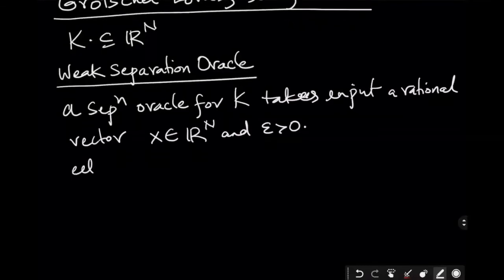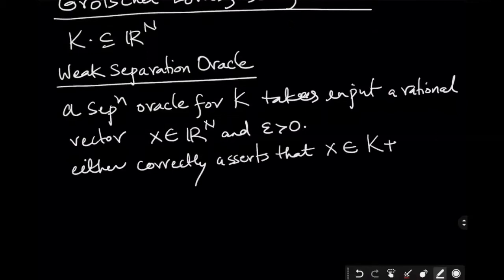It either correctly asserts that x is in K plus a small L2 ball. Okay, so basically B0 epsilon is the set of all vectors with L2 norm at most epsilon. So this is in R to the n.